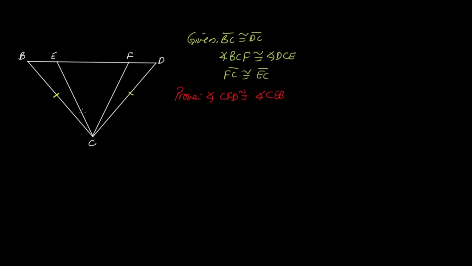BCF, so this angle right here. Whoa, that's a nice big angle. So BCF is congruent to angle DCE. That's this angle over here. So that angle is congruent to that angle over here. And then we are also told that FC is congruent to EC. That's this over here is congruent to EC over here.